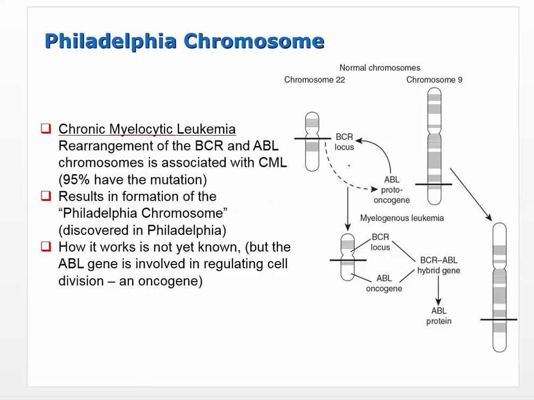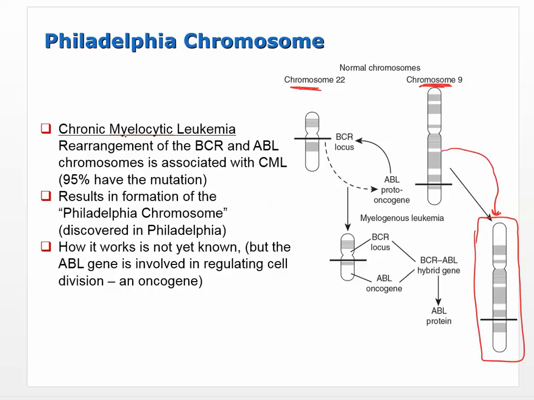What you need to know is that there are two separate chromosomes, and they hybridize, so a gene on them hybridizes to move to produce a specific gene on chromosome 9. And so any chromosome that has this change is considered the Philadelphia chromosome.